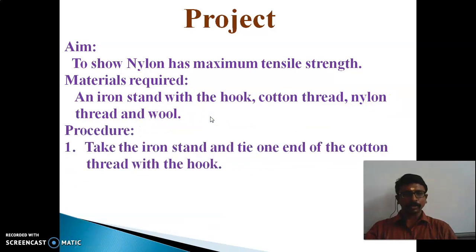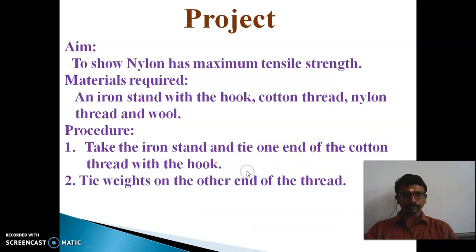And what are the procedures? First we have to take the iron stand and tie one end of the cotton thread to the hook, and tie a weight on the other end of the thread.